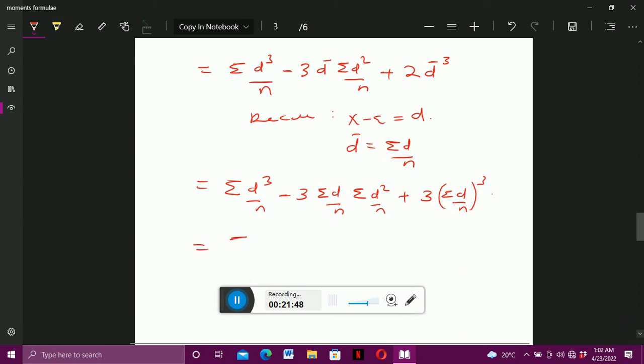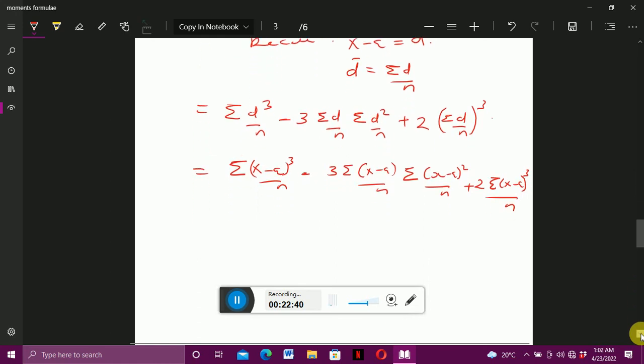So this is going to give us the sum of x minus a, cubed, over n minus 3 sum x minus a over n sum x minus a squared over n plus, this is not 3 but 2, sum of x minus a cubed over n.